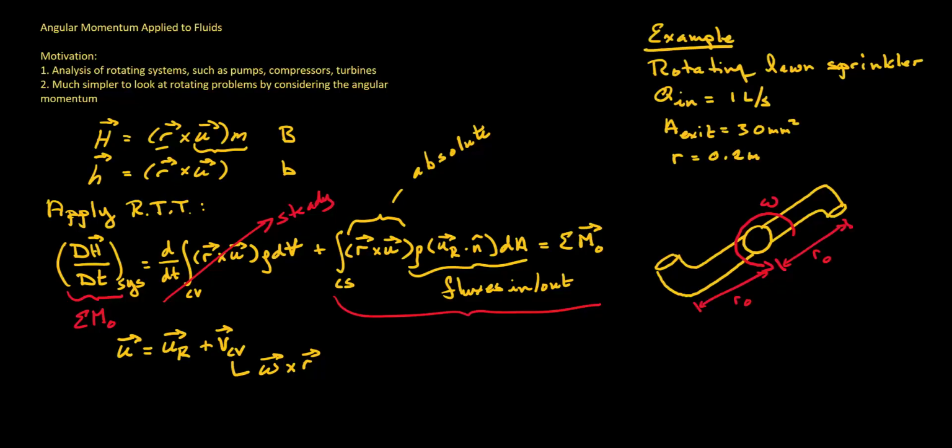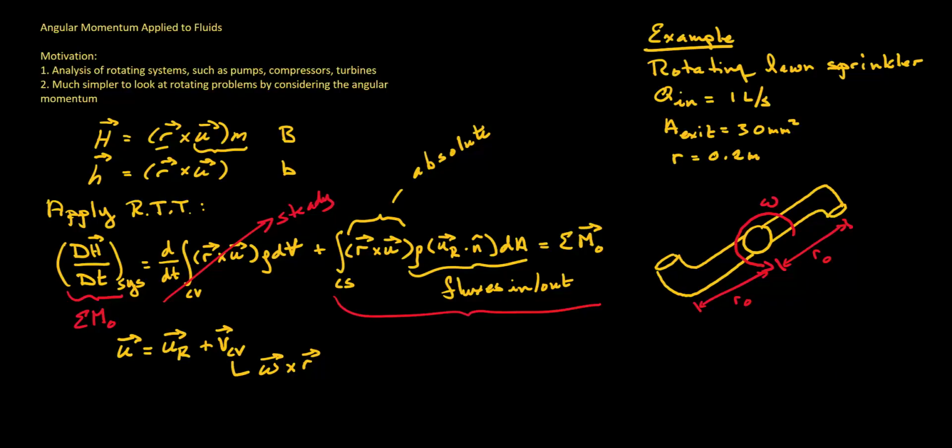Okay, so let's have a look at a problem. Here we have water entering a rotating lawn sprinkler through its base at a rate of 1 liter per second. So essentially, the water is entering from below the page in the k direction. The sprinkler has 2 arms, each with an exit area of 30 square millimeters, located at a radius of 0.2 meters from the axis of rotation.